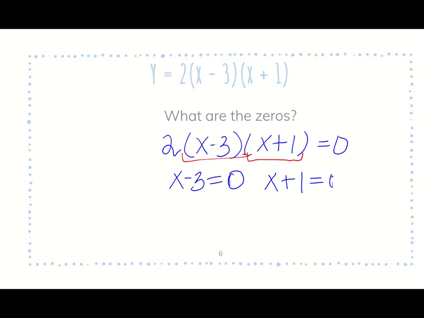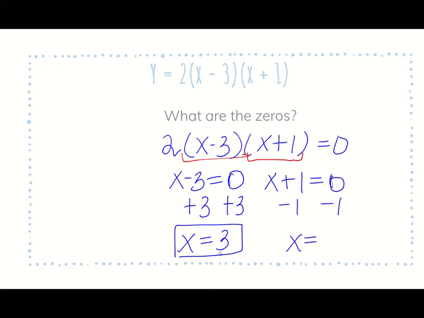In this instance, we would get that x equals 3, and we would get that x equals -1. We're just using our inverse operations to solve. So factored form, our parentheses, readily tells us the zeros. To find those zeros, we need to set it equal to 0 and solve. Hopefully that's coming back to us now.